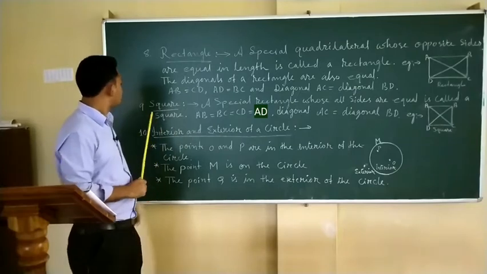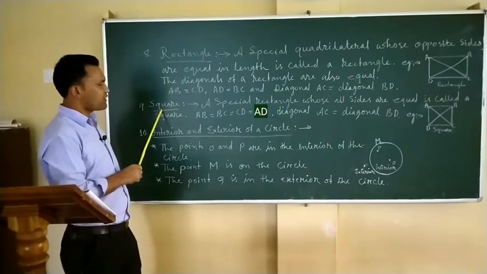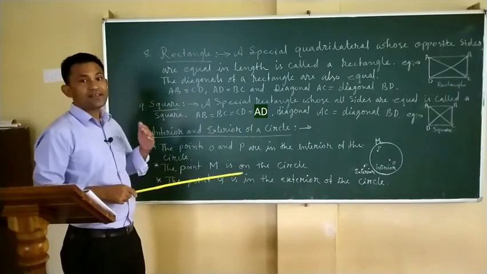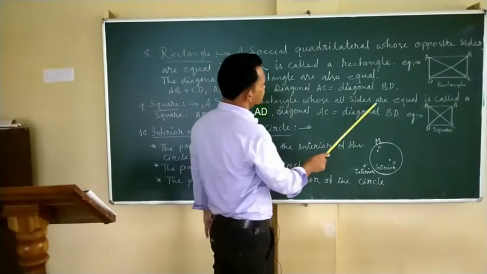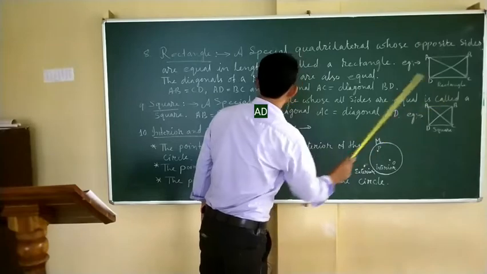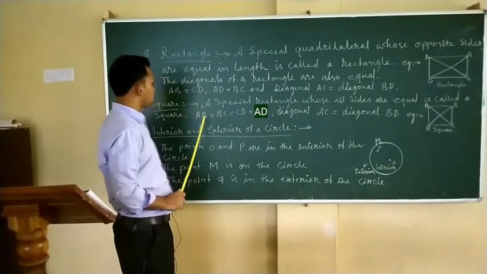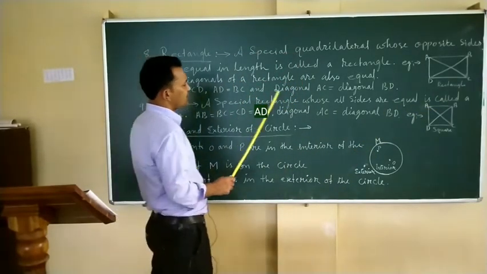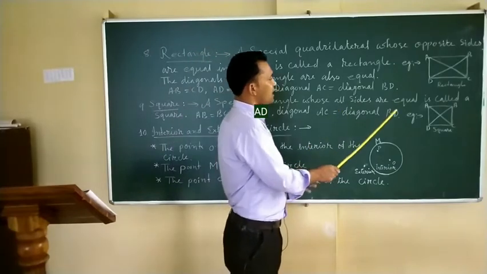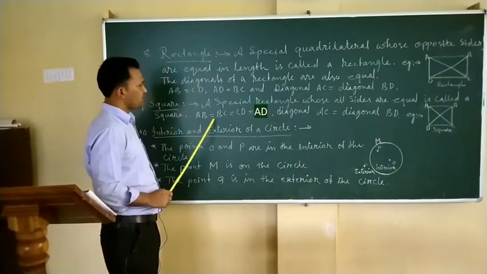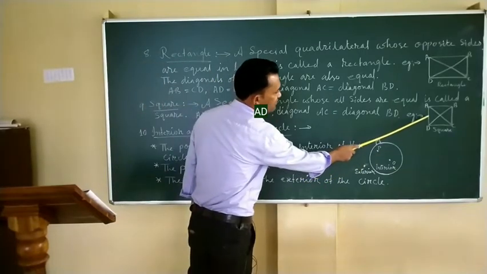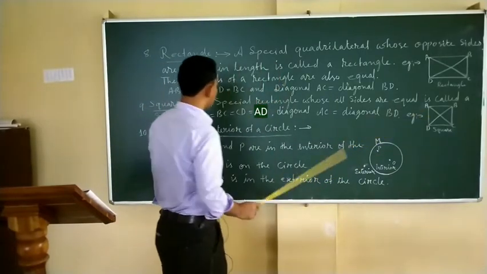And next, my number is square. What is a square? A special rectangle whose all sides are equal is called a square. A special rectangle whose all sides are equal is called a square. So here I have given an example of the square.